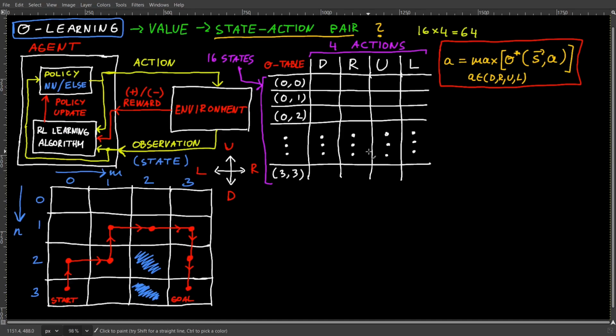The standard way to update the Q table and the values in it is using the Bellman equation, which looks like this.